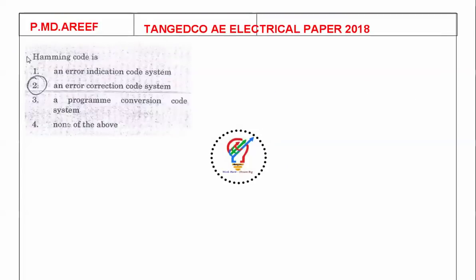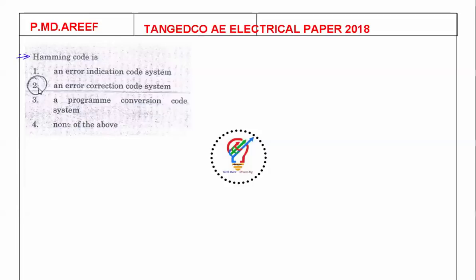Our next question is from TANGEDCO AE electrical paper 2018: Hamming code is. So what is a Hamming code? It is a set of error correction codes that can be used to detect and correct the errors that can occur when data is moved or stored from the sender to receiver.